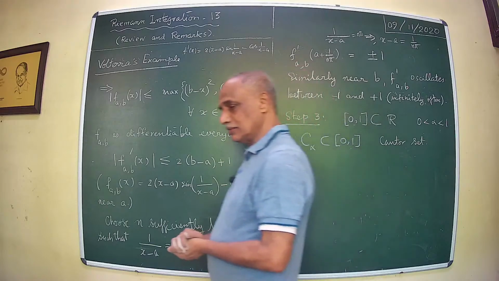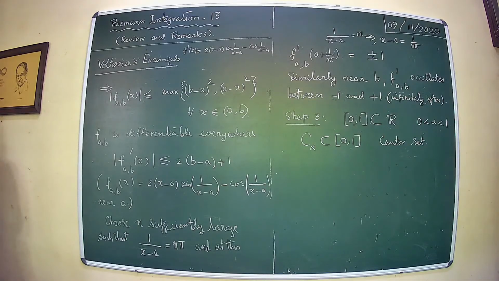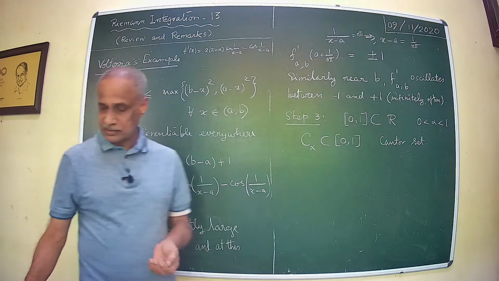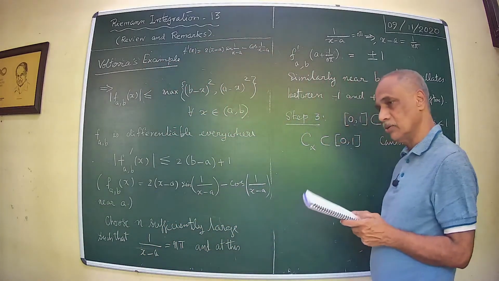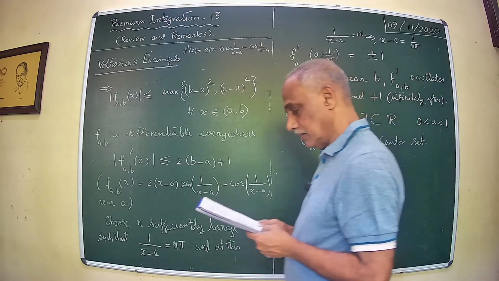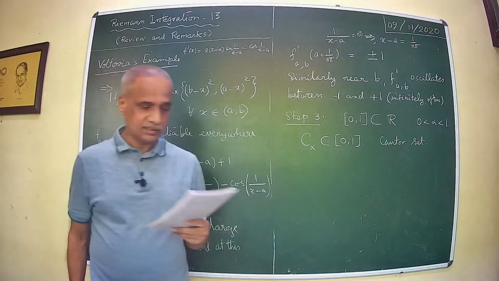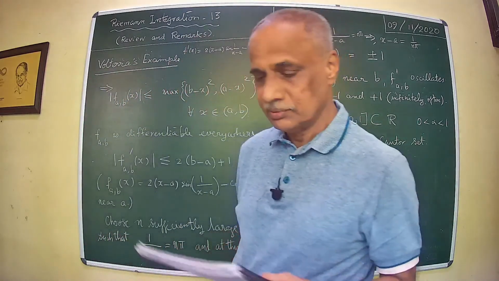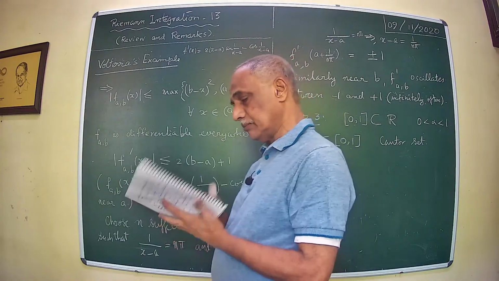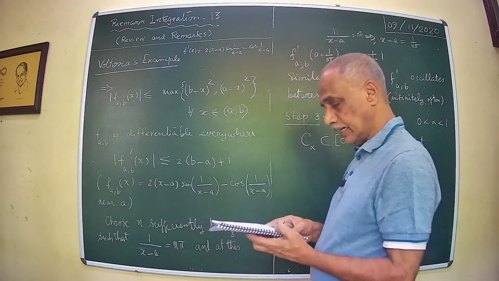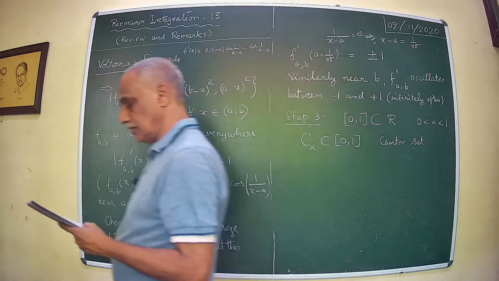Then we make certain observations on this function. In fact, we show that this function's derivative is 0 for all x not belonging to C alpha, and f derivative of x is not continuous at all points of C alpha.